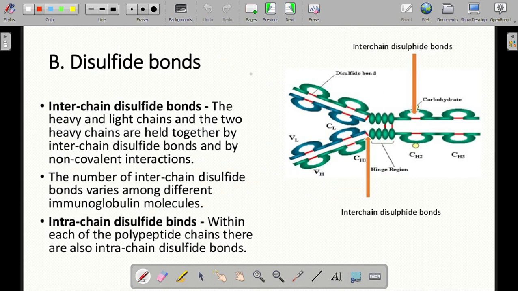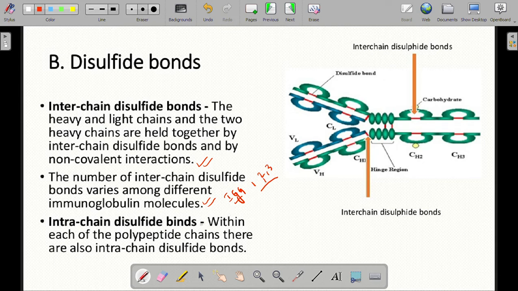Now, there are interchain disulfide bonds. The heavy and light chains and the 2 heavy chains are held together by interchain disulfide bonds, as we have seen in the previous diagram, along with non-covalent interactions. The number of interchain disulfide bonds varies among immunoglobulin molecules. We will see this in the subclasses of IgG: there are IgG 1, 2, 3, 4, and they differ in the disulfide bonds.